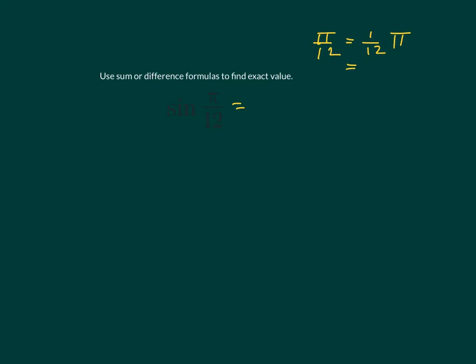values. It's going to turn out to be 1/12 is equal to 1/3 minus 1/4. Because if we think of our angles being denominations of 3 and 4, like 1/3 minus 1/4, this is 4/12 minus 3/12.